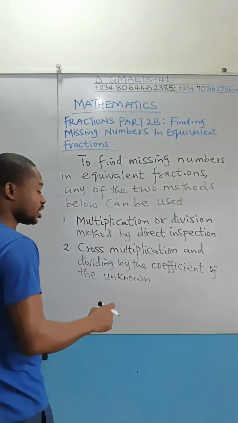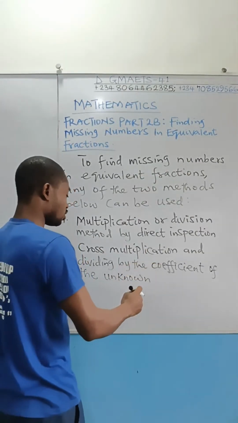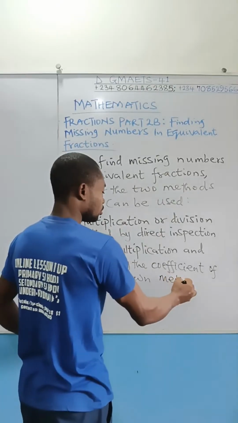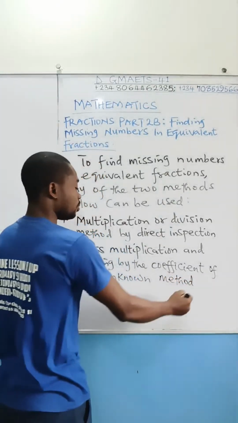So cross multiplication and dividing by the coefficient of the unknown method of simple equation.